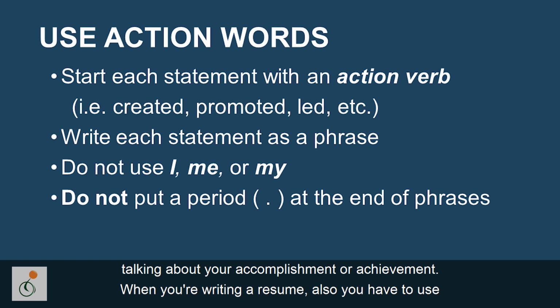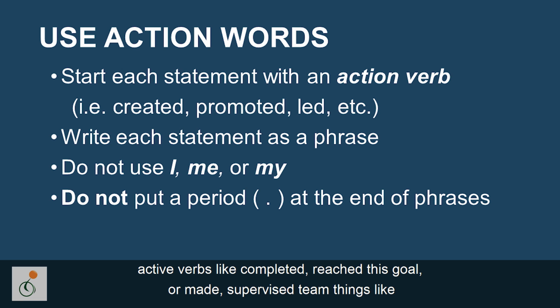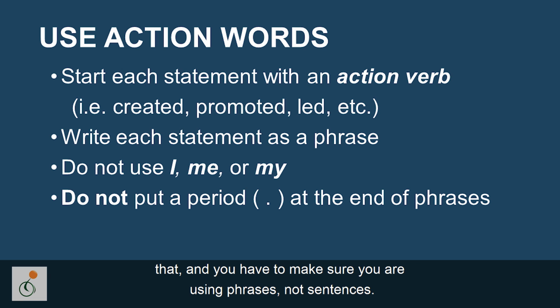When you're writing a resume, you also have to use active verbs like completed, reached this goal, made, supervised team, things like that. And you have to make sure you are using phrases, not sentences.